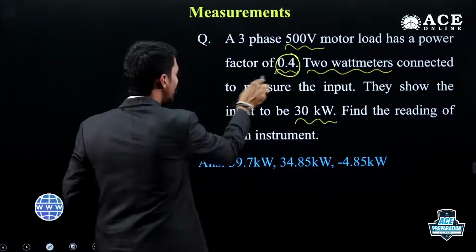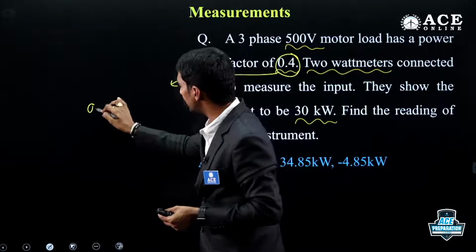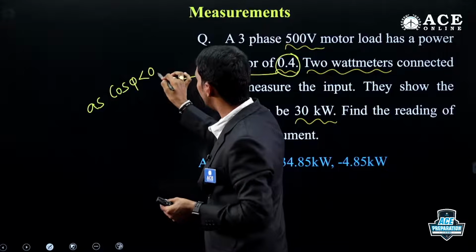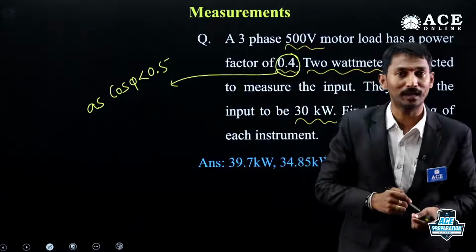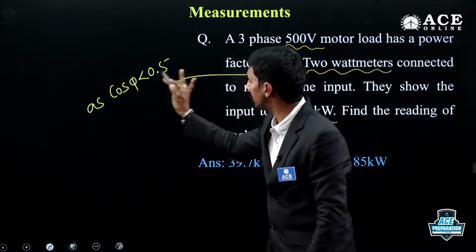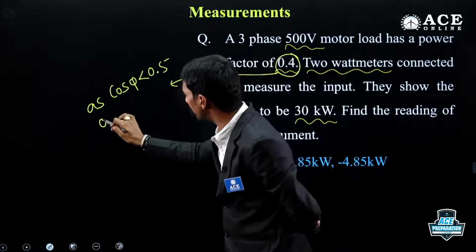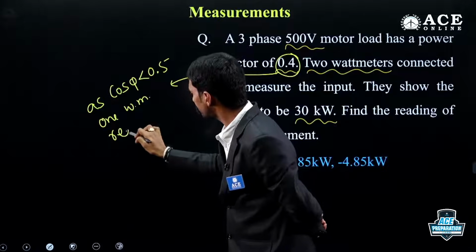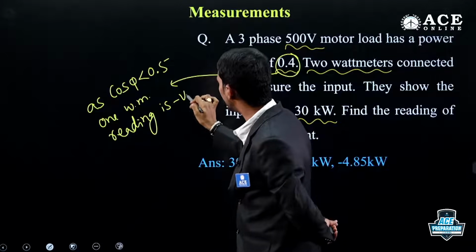I'm giving the hint here. As cos phi is less than 0.5, you must be able to recollect this point compulsorily. As the power factor is 0.4, less than 0.5, 1 wattmeter reading is negative.